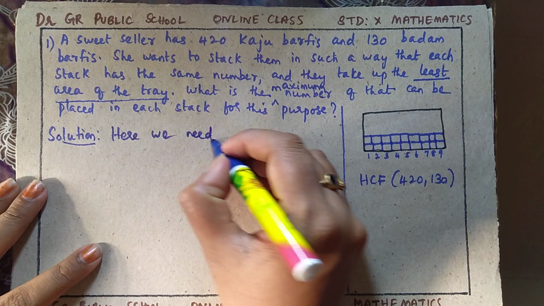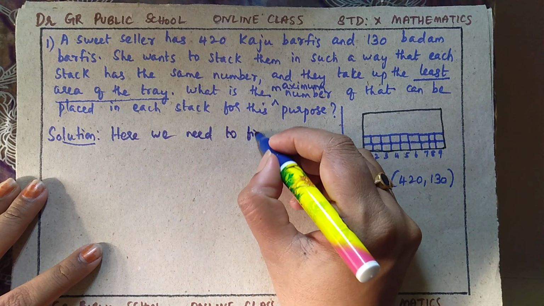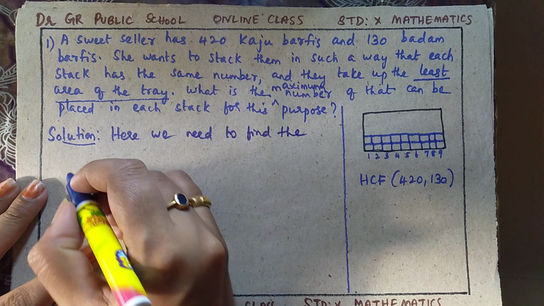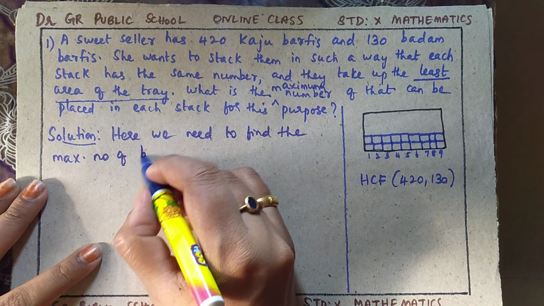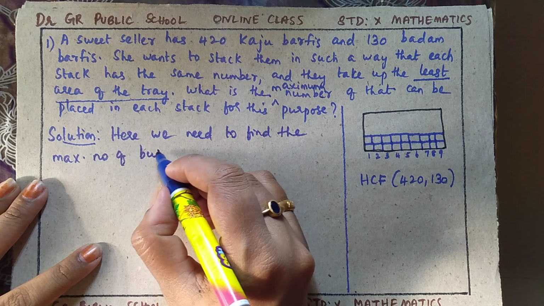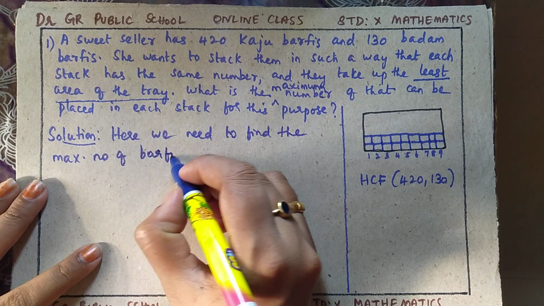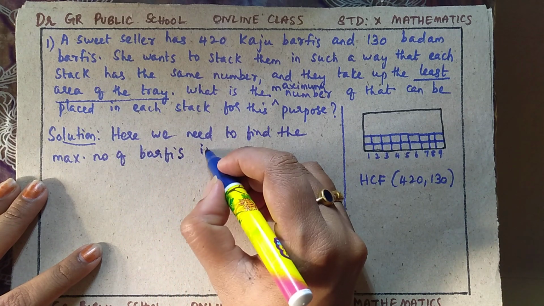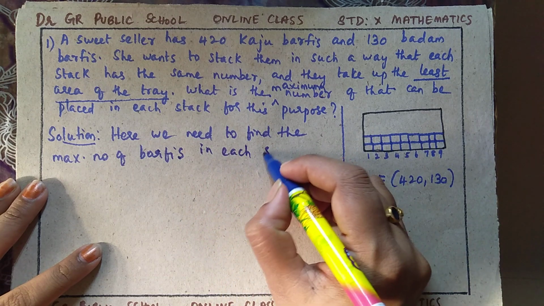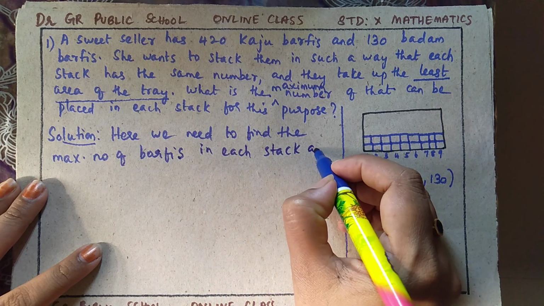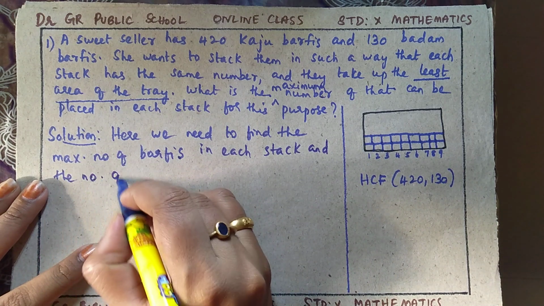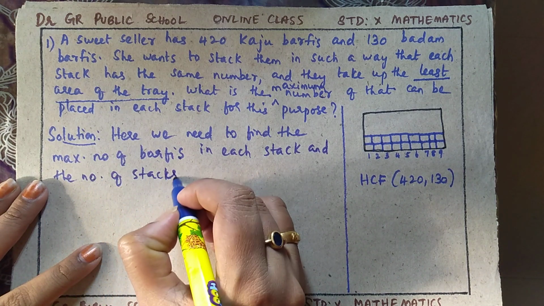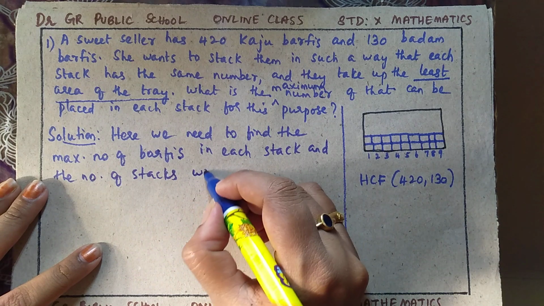So in order to start the problem, we need to use a sentence, that is, here we need to find the maximum number of barfis in each stack, and the number of stacks will be the least.